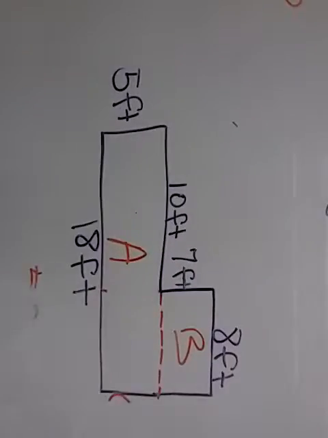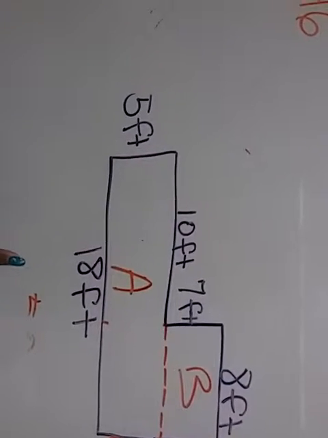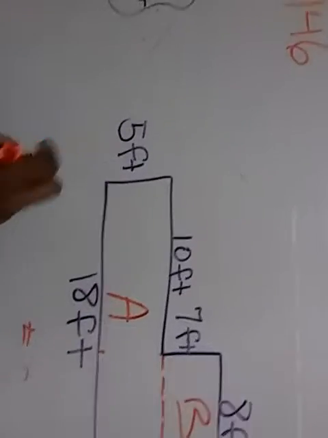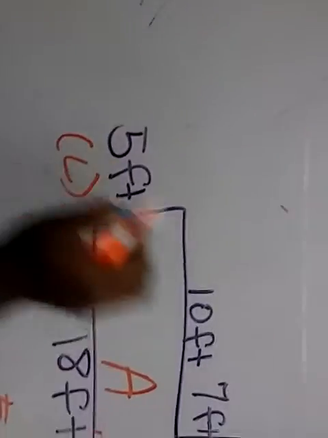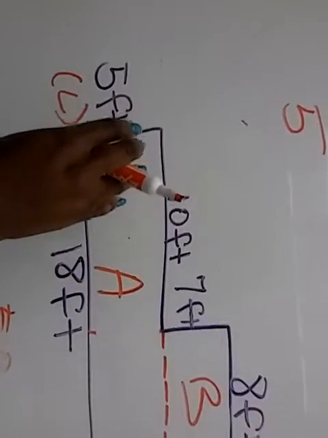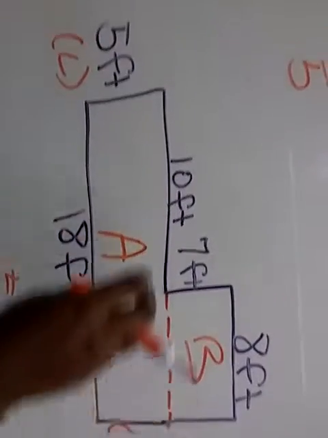Okay, so let's find the area for rectangle A. We know our length for rectangle A is 5 feet. And our width is 18 feet now, because now we're getting the entire width of the rectilinear shape.